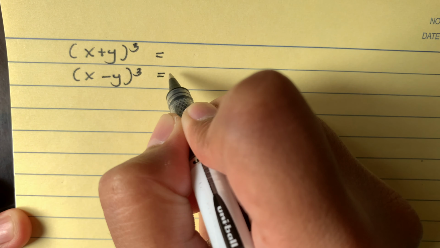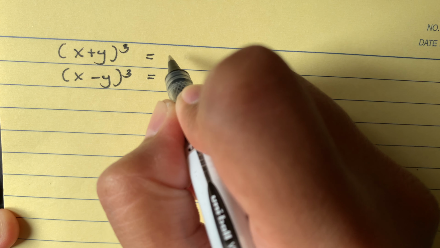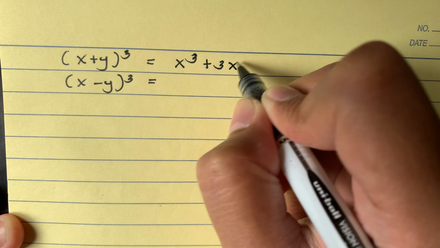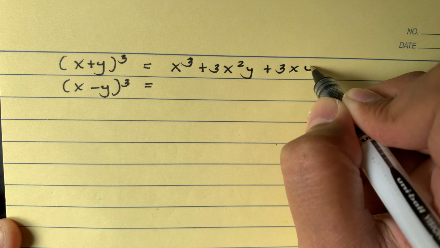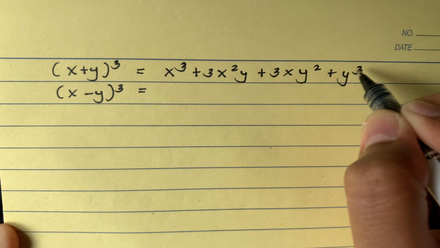So, following the pattern of this and getting the product, we have x cubed plus 3x squared y plus 3xy squared plus y cubed.